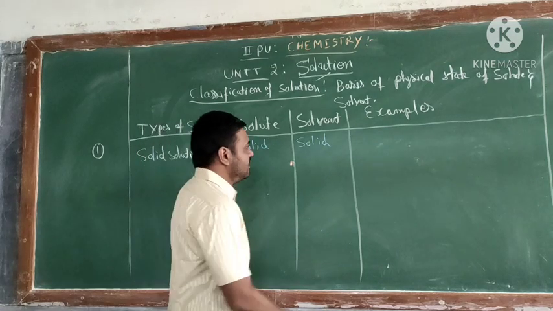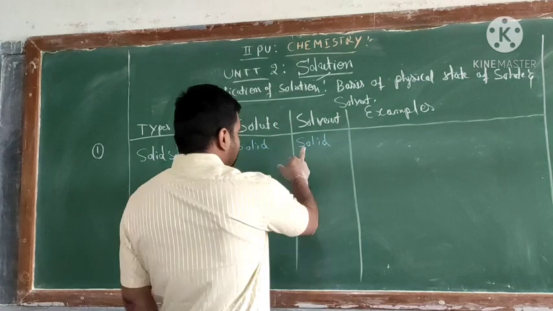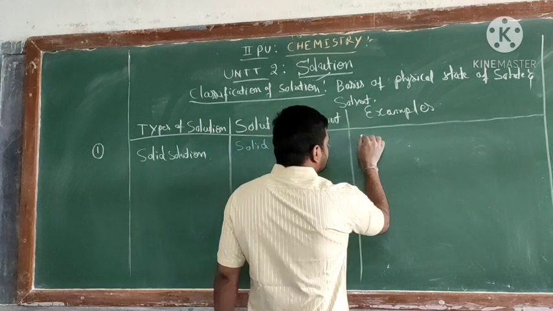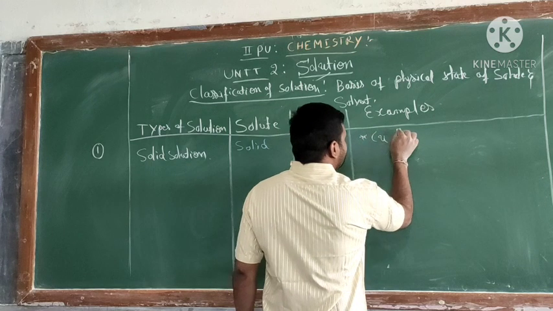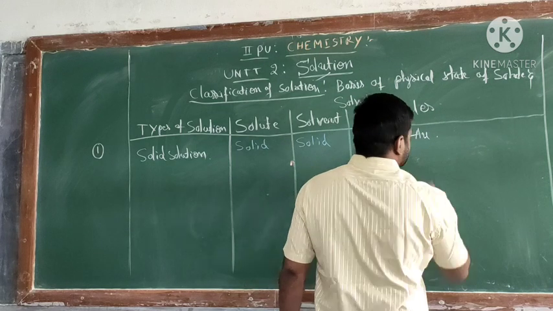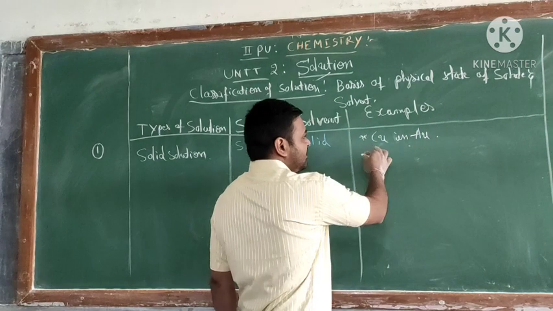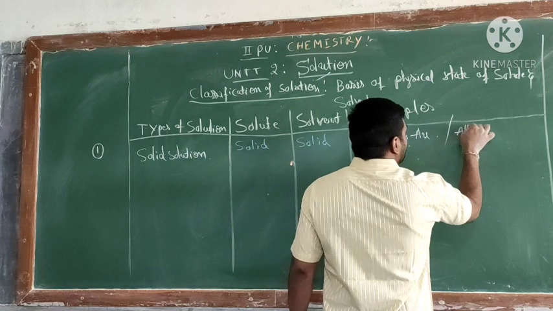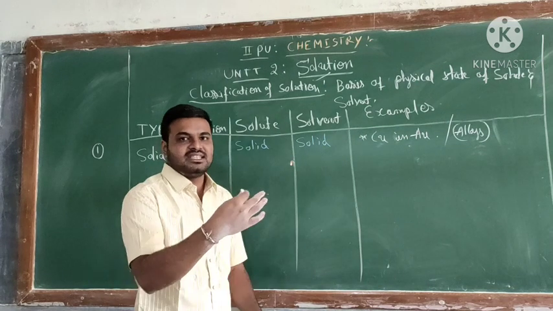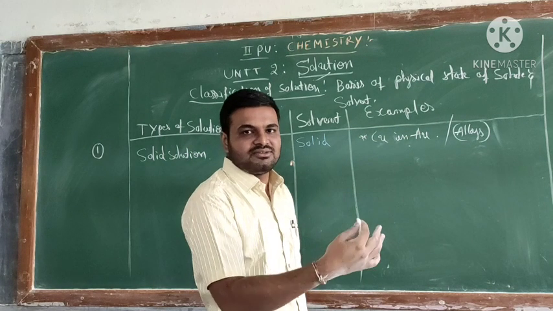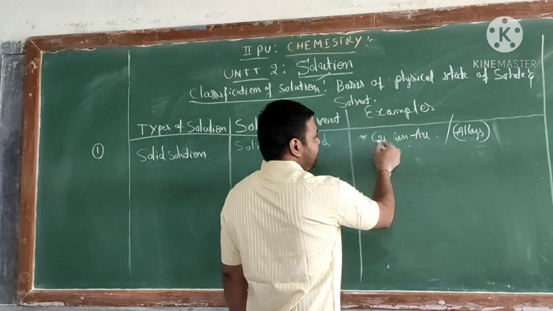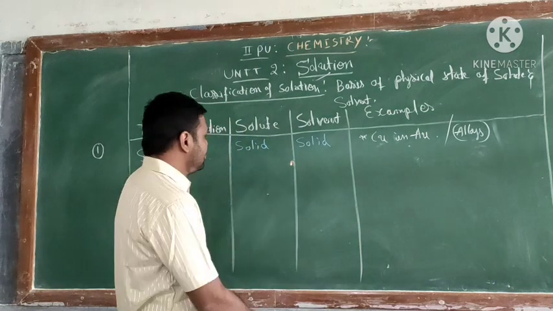What is an example of a solid solvent with a solid solute? Copper in gold. Either we take alloys. Alloys means metal alloys: mixing together two or more metals to form an alloy. Copper is a solid and gold is also a solid.